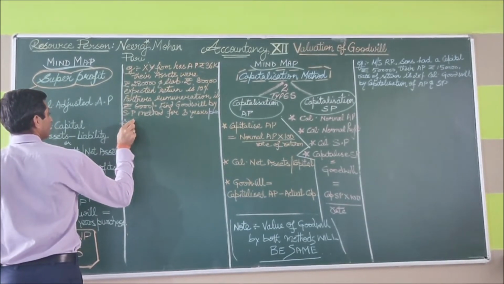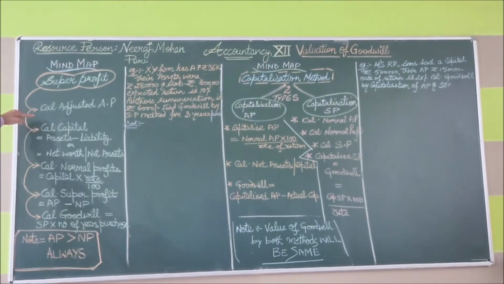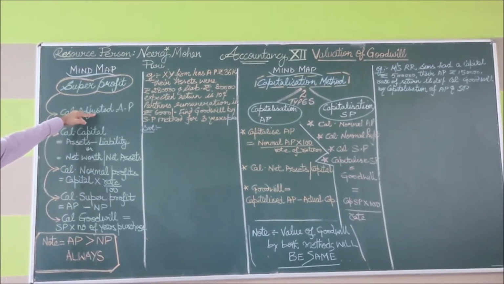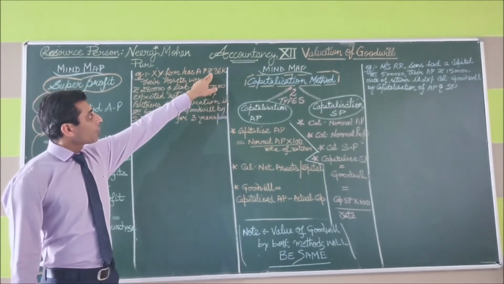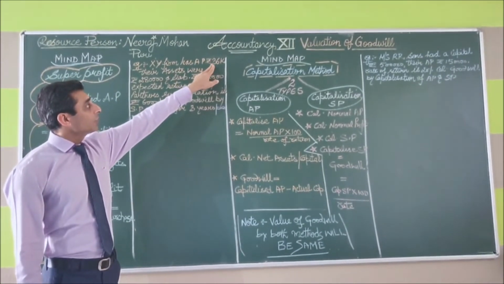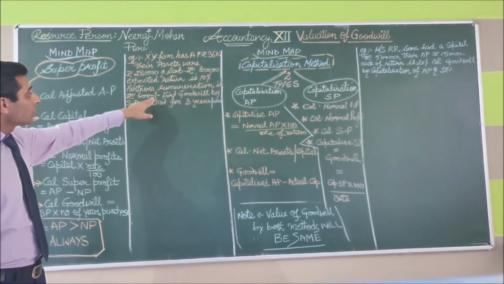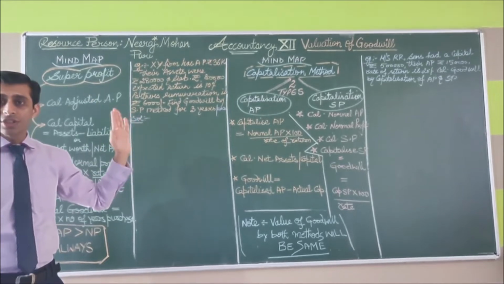Solution. Step number 1, go with the flow chart. First we need to find the adjusted average profits. In our question, average profit or net profit is given as 36,000. But we have one adjustment, that is partners' remuneration still needs to be adjusted.